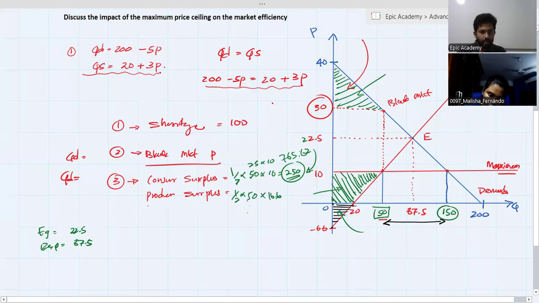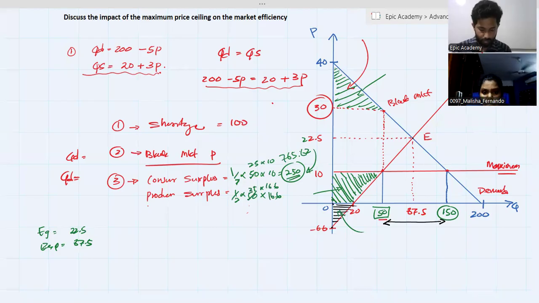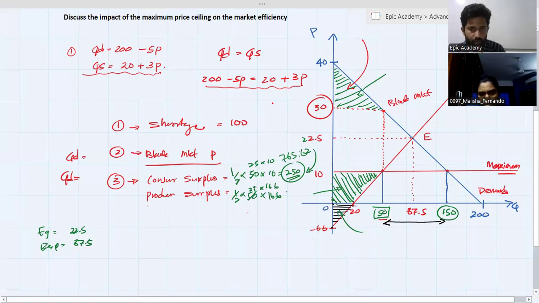Yes. 25 multiplied by 16.6, 450. But you have to reduce that minus value from here. We already calculated the values for the minus area. How much is it?